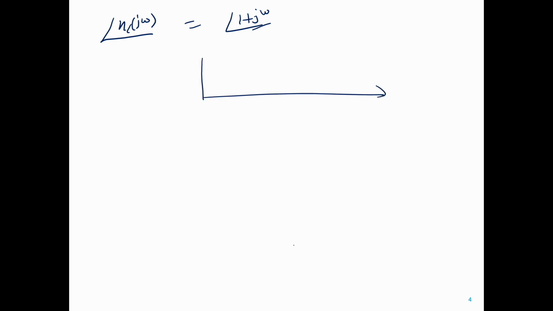So let's take a look at the phase of H1(jω), which is the phase of 1 plus jω. Once again, I've got 0.1, 1, 10, 100. Now, the break frequency over here is 1 radian per second. So for low frequencies, which are much lower than the break frequency, the term 1 plus jω can be approximated as 1, and that needs to have a 0 phase.